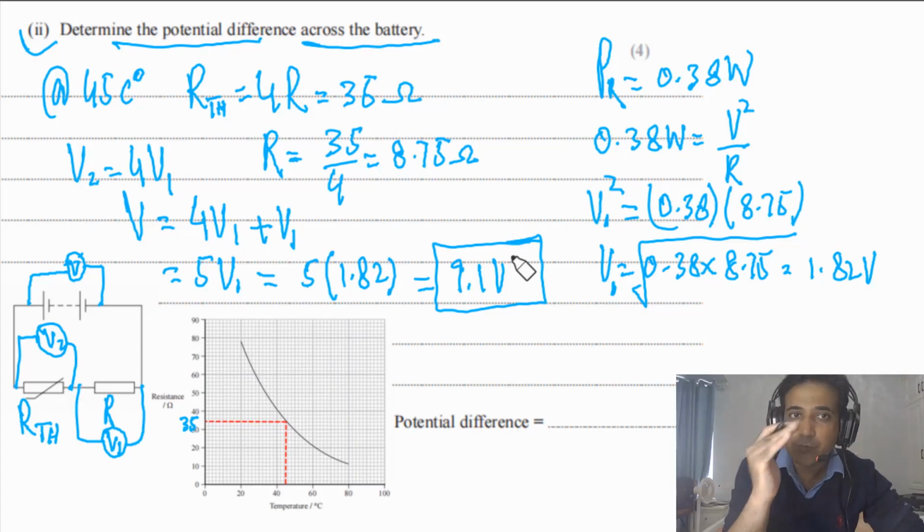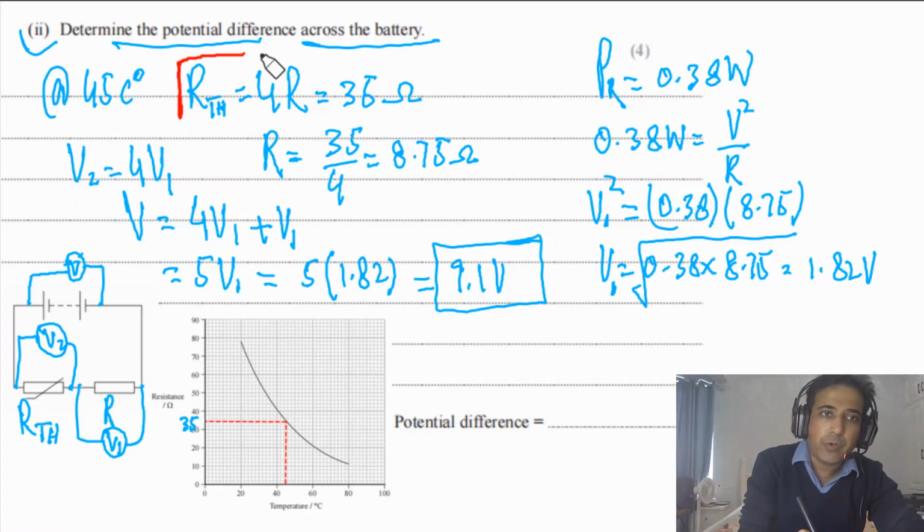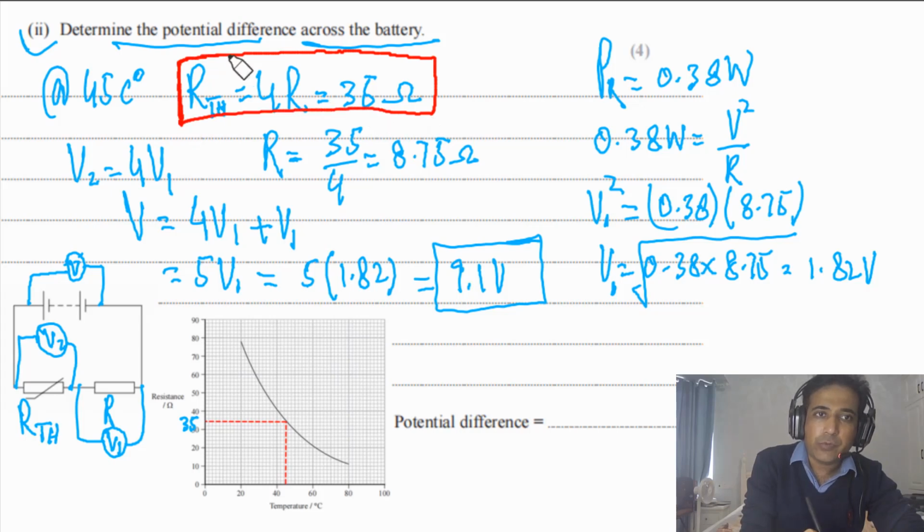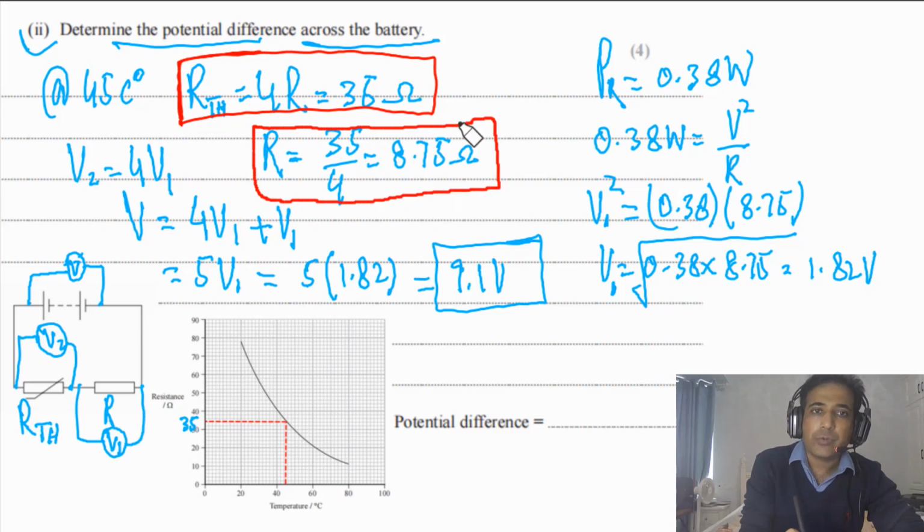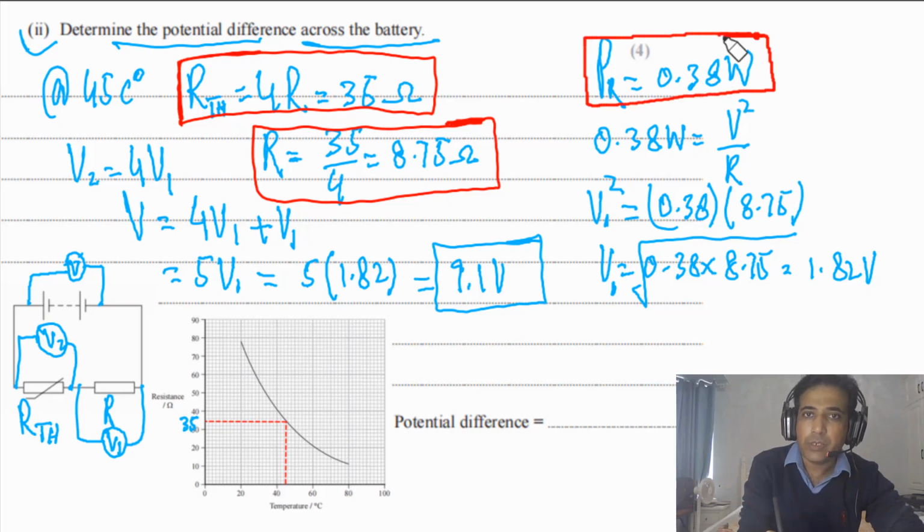This question has a few steps. The first step is you need to understand this point, and this is given in the question. If you have got this point, then you can determine the value of R. Once we have the value of R, we can find the value of V1 because we have the value of power, which is given to us in the question.